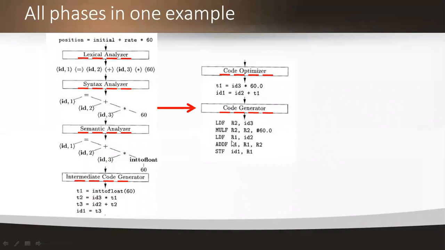So now I am adding R1, where R1 contains ID2 and R2 contains the multiplication result, that is ID3 into 60.0.